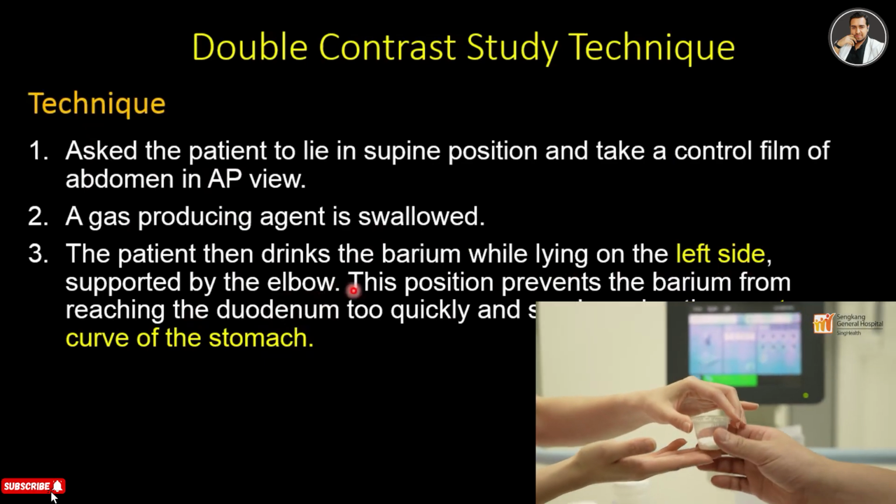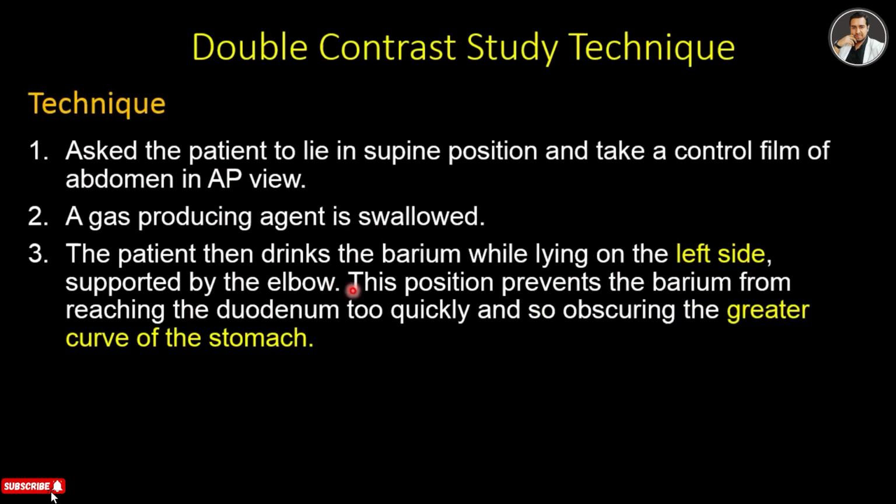In the meantime, you make the barium sulfate solution, and it looks like milk, and you put it in a glass and give it to the patient and tell him to drink this whole glass of barium solution. The patient should be on the left side so that the contrast goes to the left side, and barium cannot reach the duodenum quickly, and it will not obscure the greater curve of the stomach.